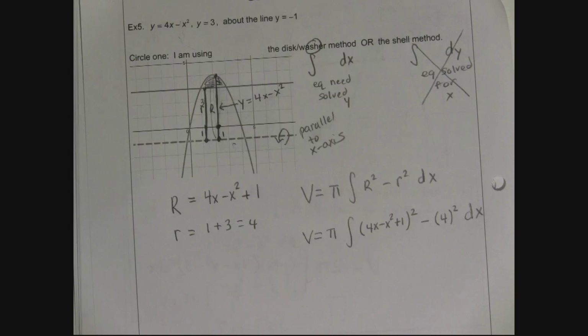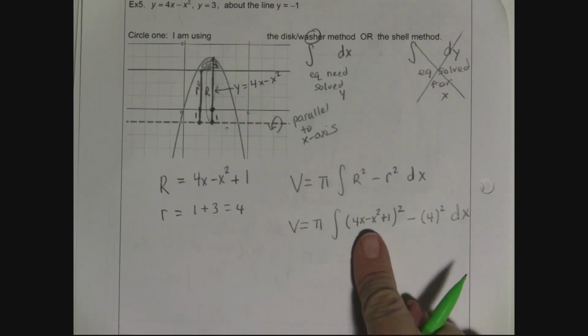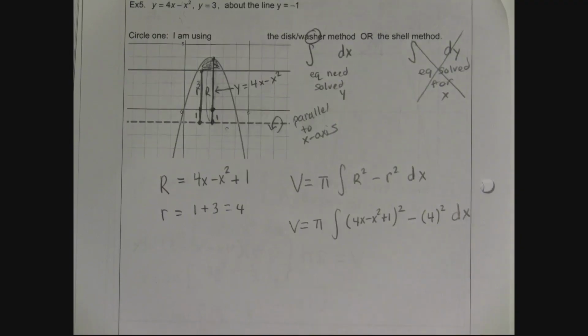If I was going to integrate this, I'd have to write that twice and multiply that together, which would be 9 multiplies. I'm glad it's only set up, because that would be annoying and a lot of algebra.